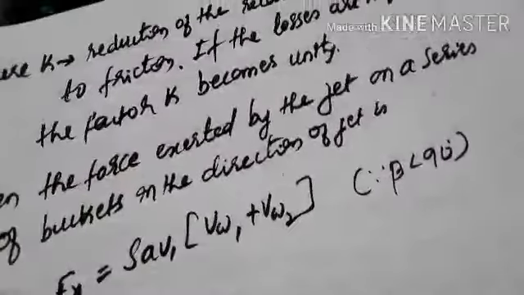So eta max will be (1 plus cos phi) by 2 into 100. For a semicircular vane, the phi value will be 0. Means if the vanes are like this, semicircular vanes, if the shape is like this, if the deflection angle is 180 degree, means as the jet strikes, it glides over the surface and comes out of the blade passage like this, so it makes an angle of 0 here.